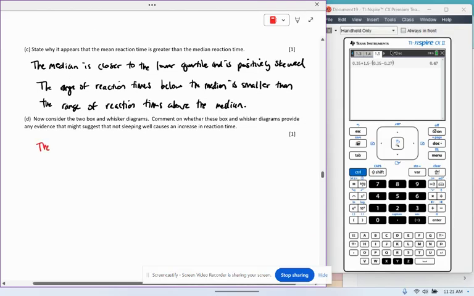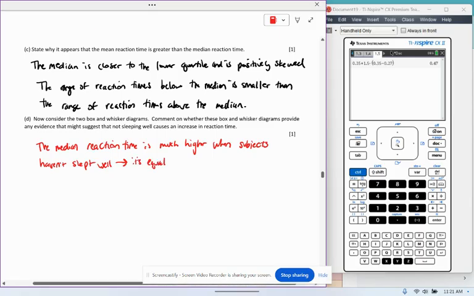I would say the median reaction time is much higher when subjects haven't slept well.